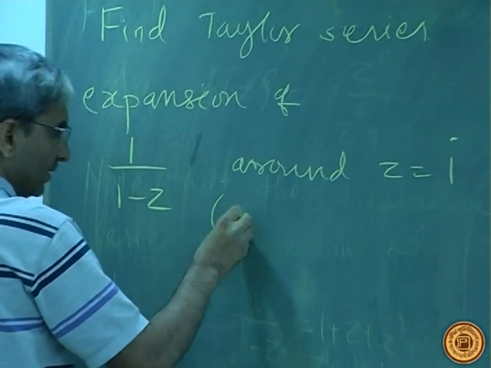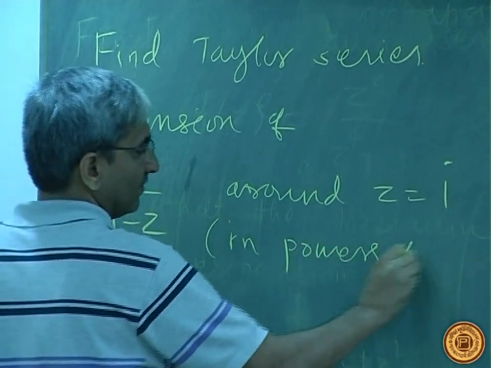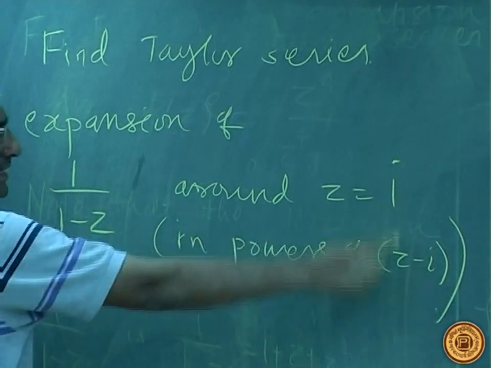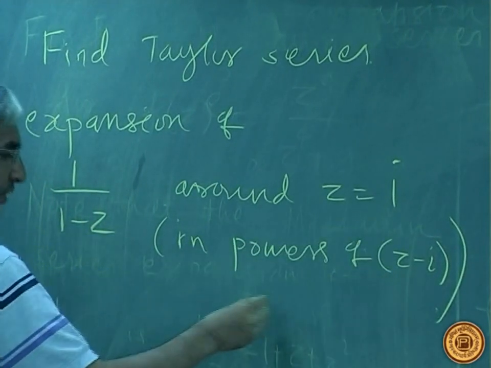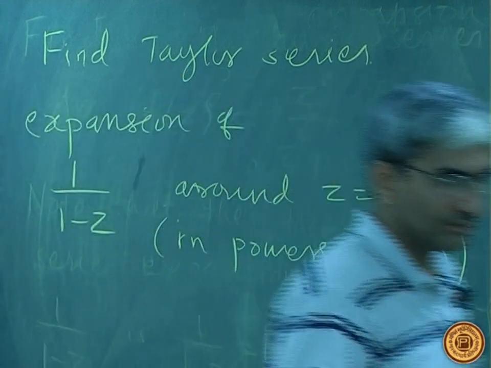That means in powers of z minus i. Around the origin means in powers of z. So now we want on the right hand side z minus i to the power n, something like that.